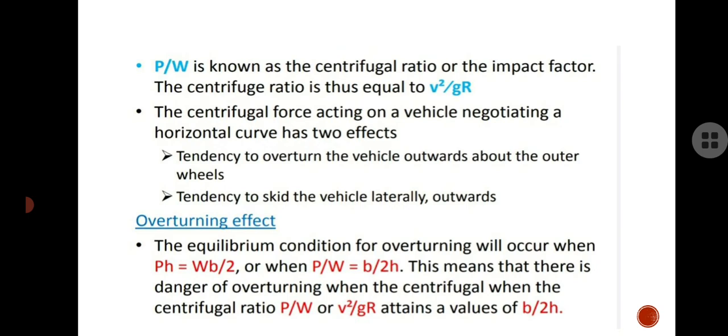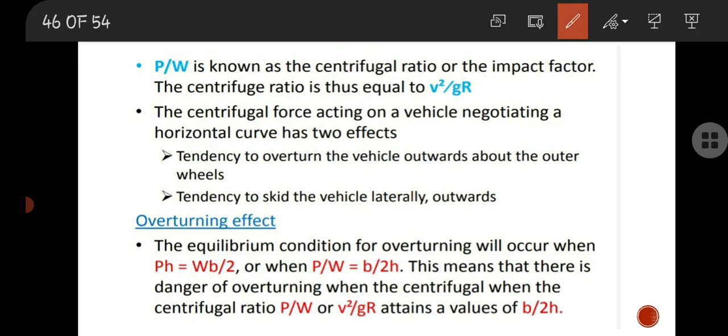Next, P by W and V square upon GR. The tendency of the vehicle to overturn and the tendency of the vehicle to slide. These two effects we have to consider while designing super elevation. So the first condition is the overturning effect. If P by W is equal to V by 2H, this is the equilibrium condition.